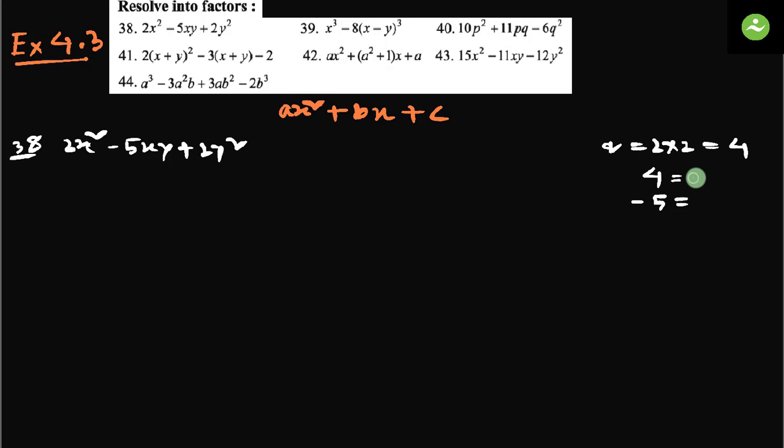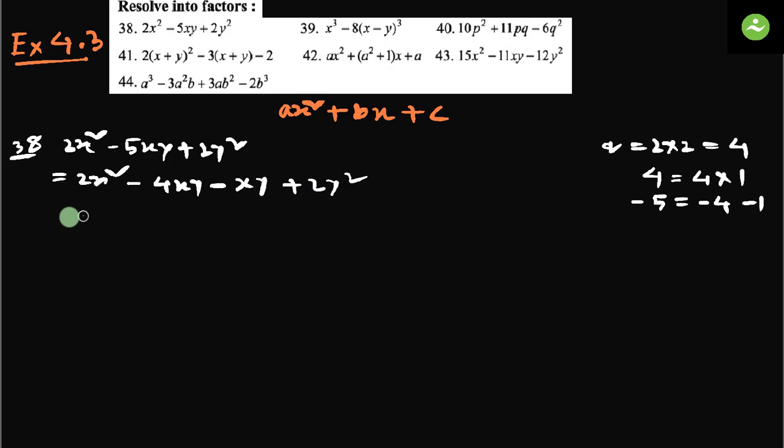How about 4 into 1? So minus 4 and minus 1. Equals 2x squared minus 4xy minus 1, means minus xy, plus 2y squared. Equals 2x, if we take common 2x, then x minus 2y, minus 1 minus y.